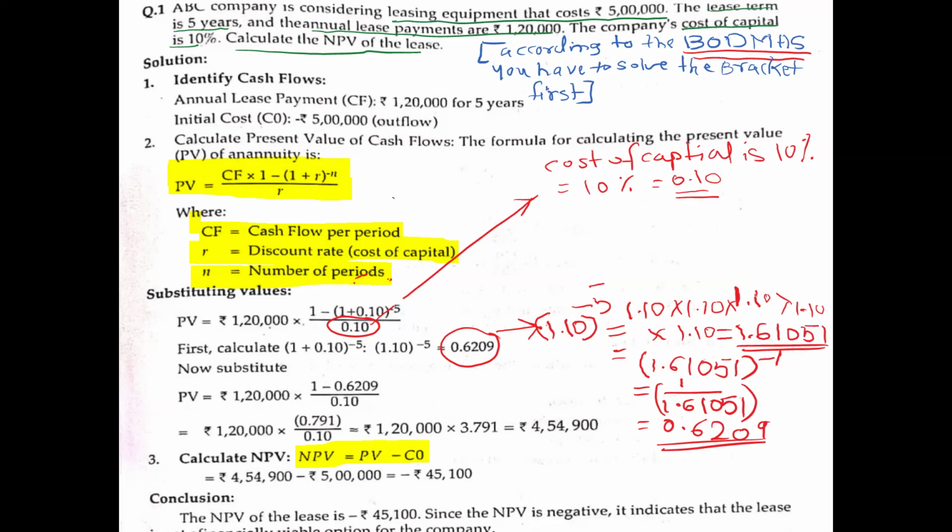0.6209, and we are going to see how the value has come. For 1.10 raised to minus 5, we have to multiply 1.10 five times: 1.10 into 1.10 into 1.10 into 1.10 into 1.10, which is equal to 1.61051.